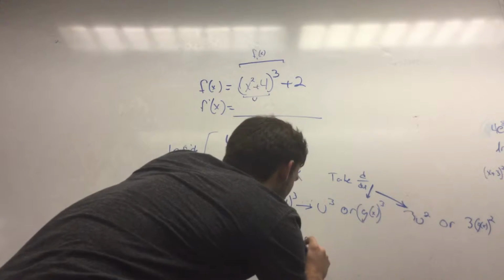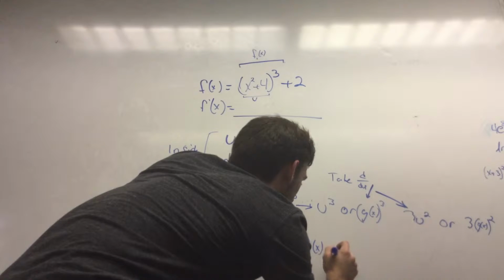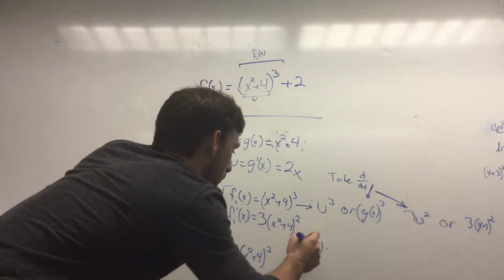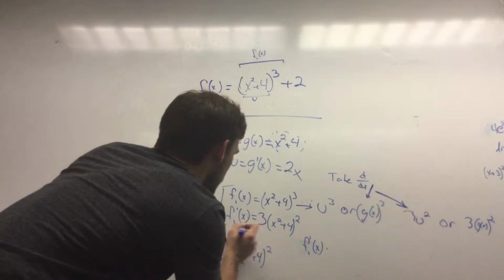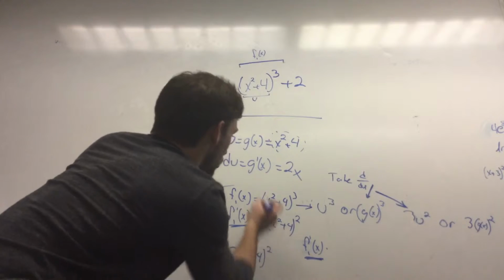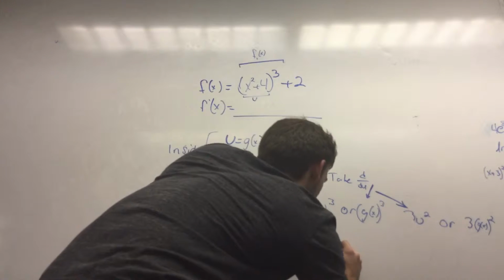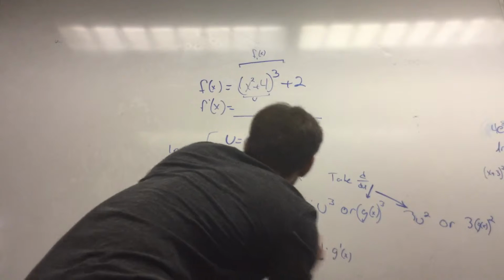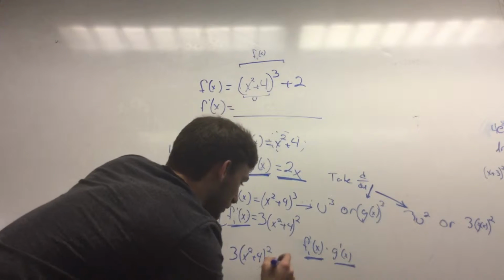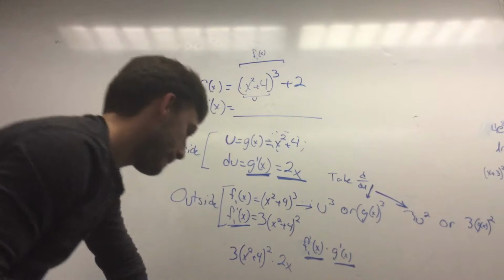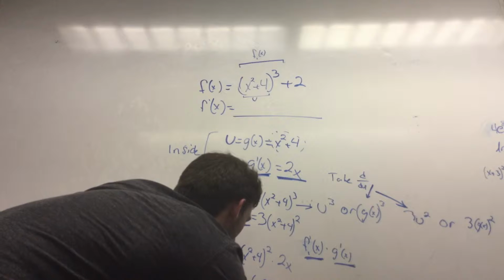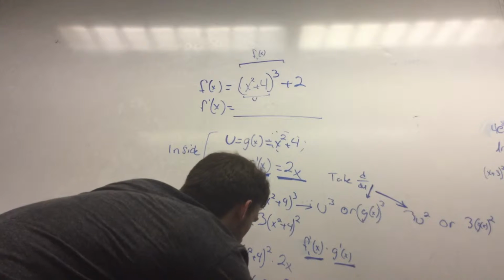This is my f1 prime of x, so that's this, times my du, or my g prime of x. So I'll say g prime of x. So that's this, which is this, is this. So times 2x. That's going to give me 6x times x squared plus 4 quantity squared.